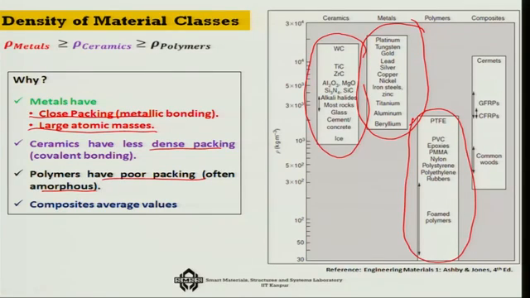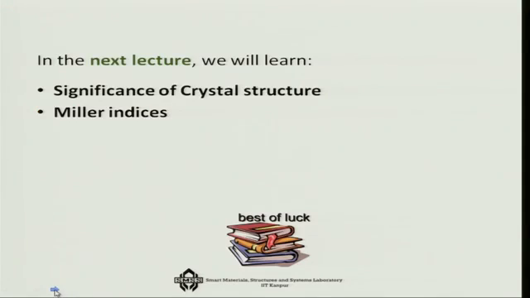And composites, since they are a mix of these things, are somewhere in the middle, because they may have some ceramics and some polymers. So, you will see a kind of average property in the composites. That is how, typically, from the crystal structure, you can actually predict the density of the system.